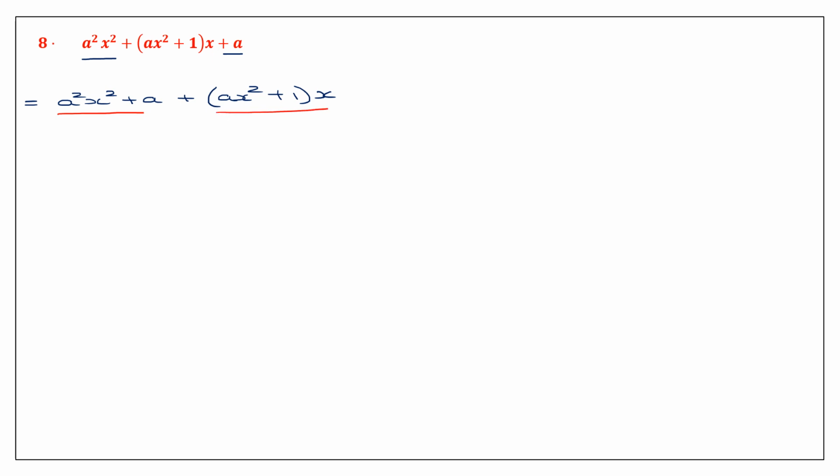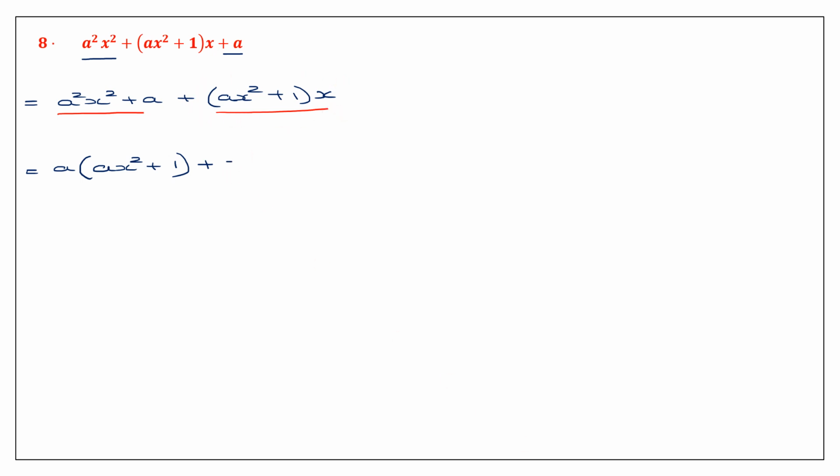So from the first group, let's look out and see what is common. Now there is one a that's common, so we can bring that out. So that is a, and what is left inside is a x square plus, there's one a already, so it is plus 1. Now here also, we already have a x square plus 1 same as this. So we can write this as it is. We can put that x first here.